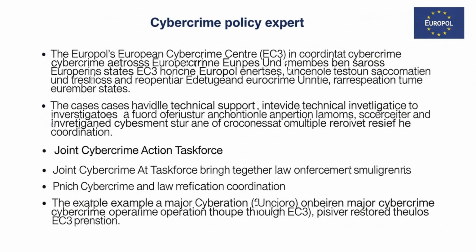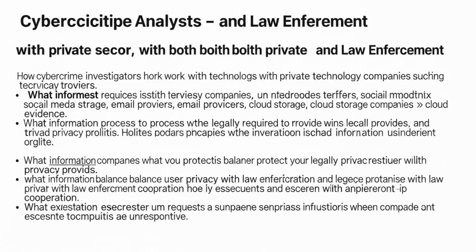Cybercrime is a global problem, and no single law enforcement agency can tackle it alone. Major cybercrime investigations almost always involve cooperation between multiple agencies across multiple countries, and understanding how to navigate this ecosystem is a critical skill for any cybercrime investigator.